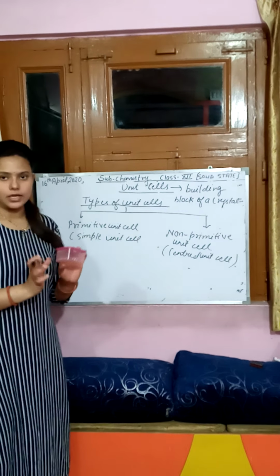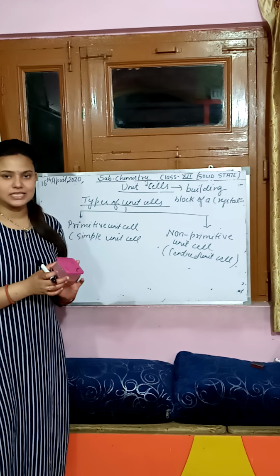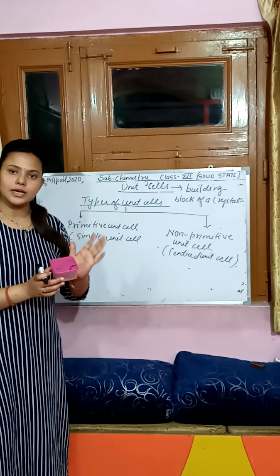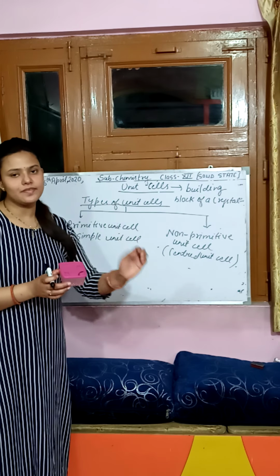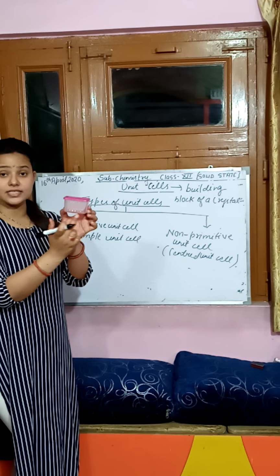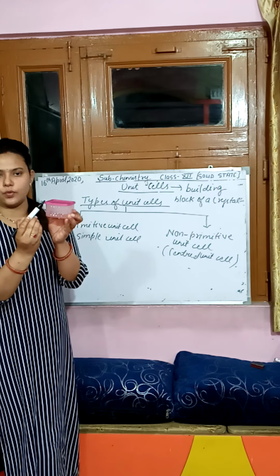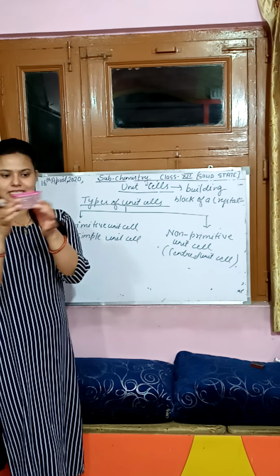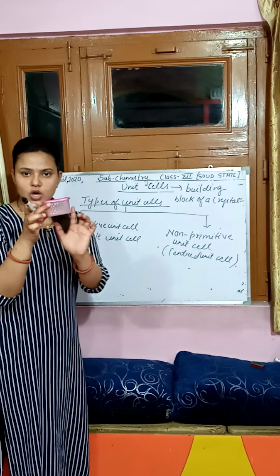Just remember one thing. Whatever type of unit cell, whatever type of crystal system you are taking, either it is cubic, tetragonal, hexagonal, whatever system, it has 8 corners. How many corners does a unit cell have? 8. Just look at this. 1, 2, 3, 4, 5, 6, 7 and 8. 8 corners are there.